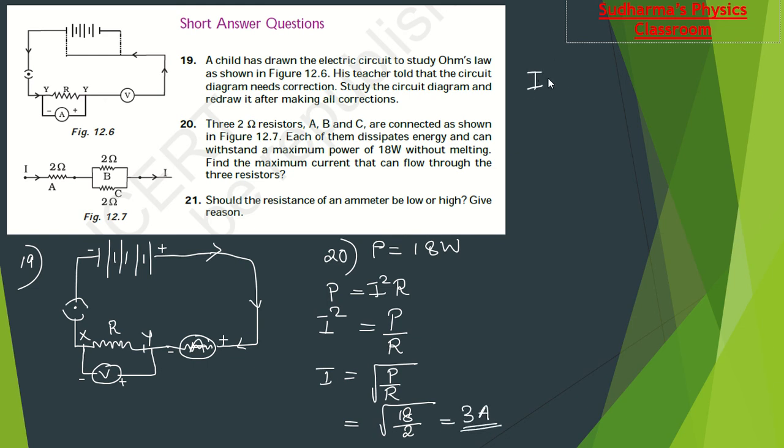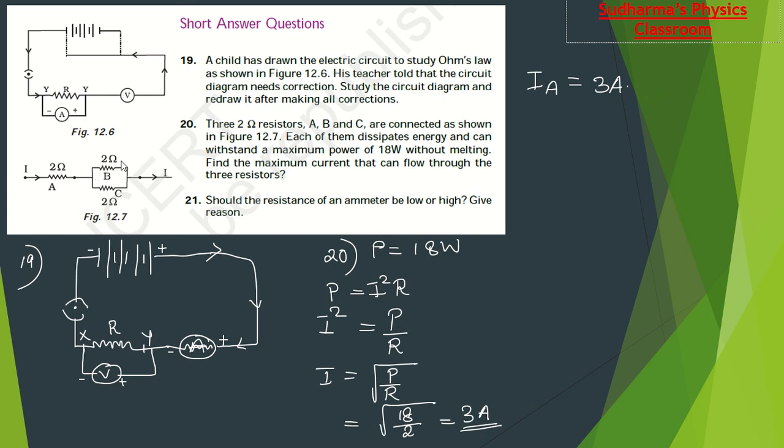So the current flowing through A, which I am denoting as IA, is 3 ampere. I have taken the maximum power it can withstand, so the maximum current which can flow through the first resistor is 3 ampere.